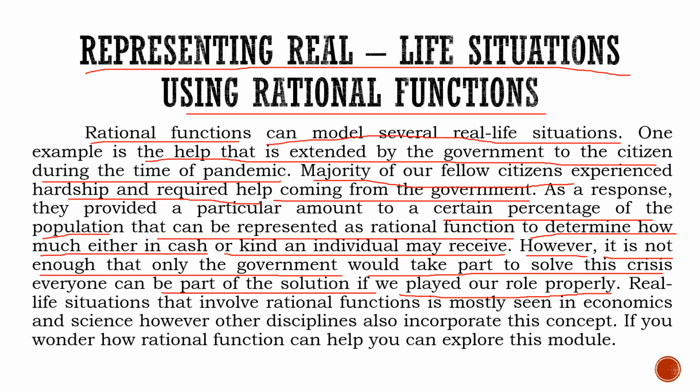But we really need to do our part and be part of that solution by playing our role properly. Real-life situations that involve rational functions are mostly seen in economics.